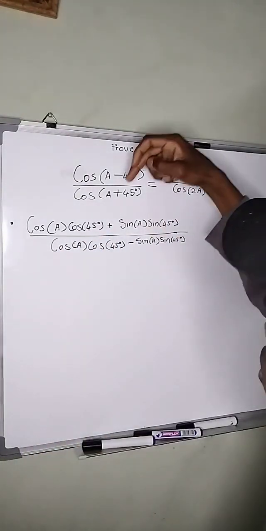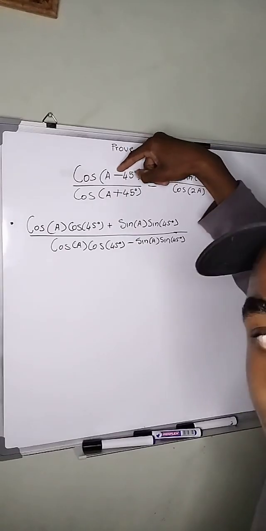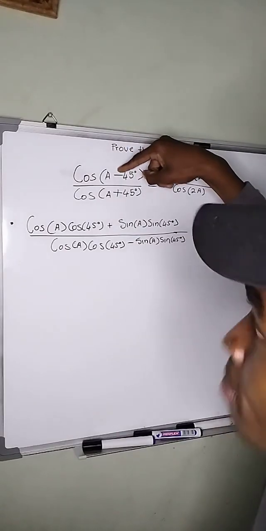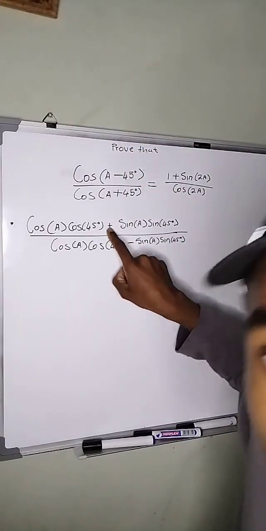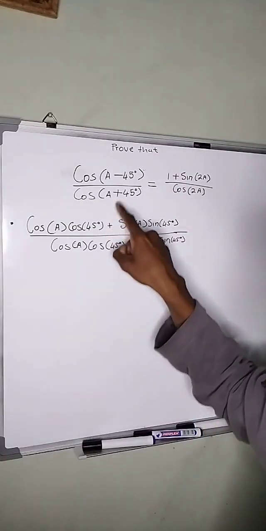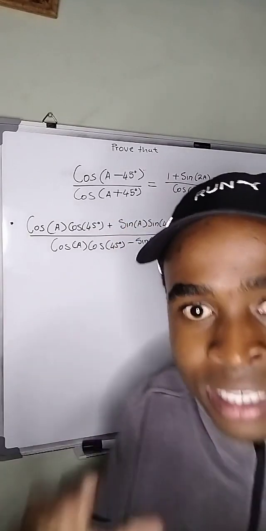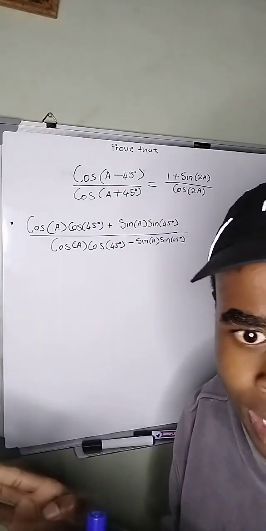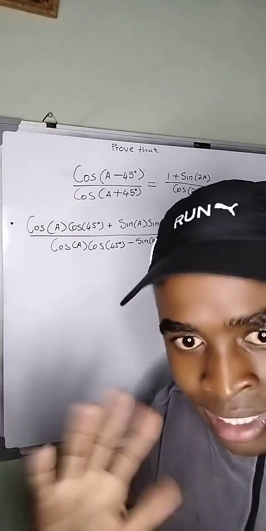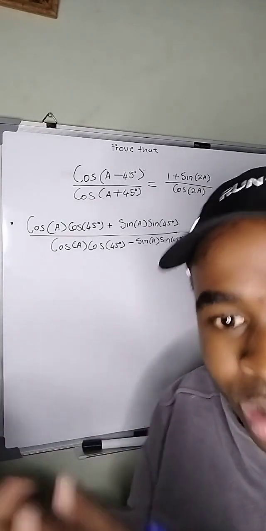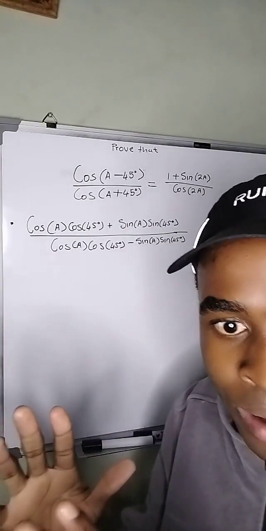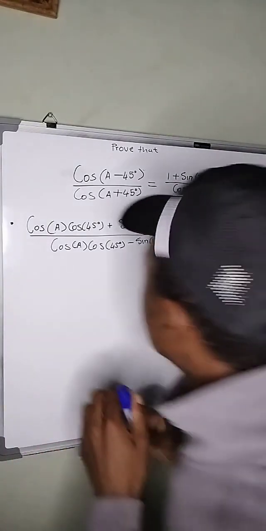But with the cos one, if the compound angle is a minus, here it's supposed to be a plus. If here it's a plus, here it's supposed to be a minus. Please notice that. Don't mess up this thing. So you should know these things.